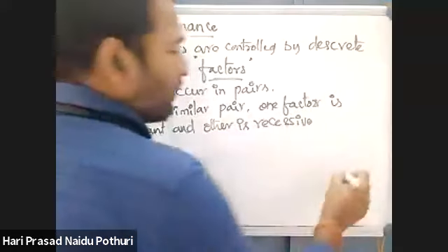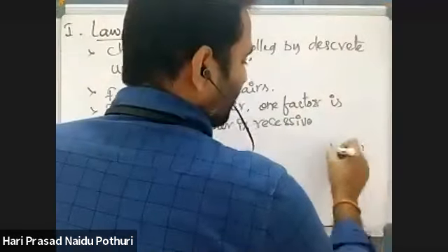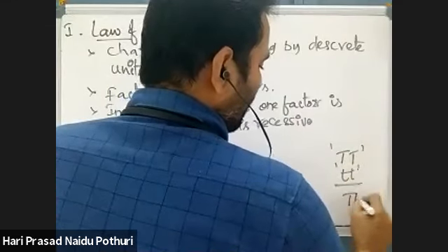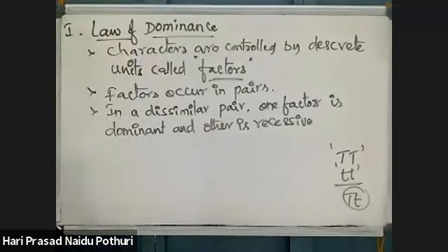Similar pairs means homozygous. Suppose both are the same, this is a similar pair. This is also a similar pair, but this is a dissimilar pair. One is dominant, one is recessive. In a dissimilar pair of factors, one member is dominant and the other one is recessive.